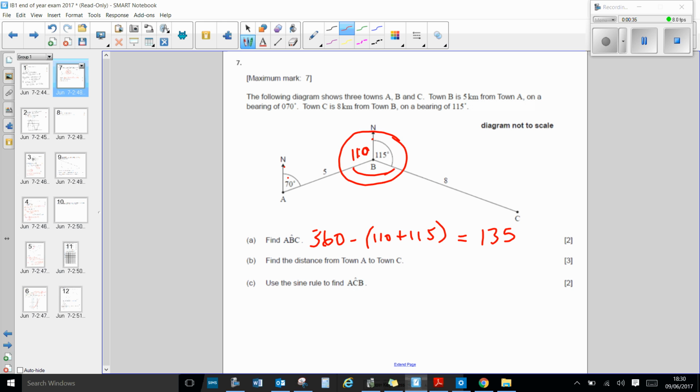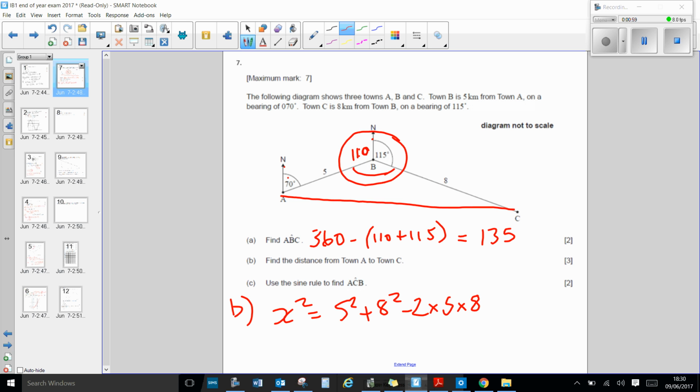You can do it like calc. It shouldn't be traumatic. Right, so we're finding the distance from town A to town C. So it's another cosine rule question. So part B, let's call it x. X squared equals 5 squared plus 8 squared minus 2 multiplied by 5 multiplied by 8 cos of the angle we've just worked out, 135.